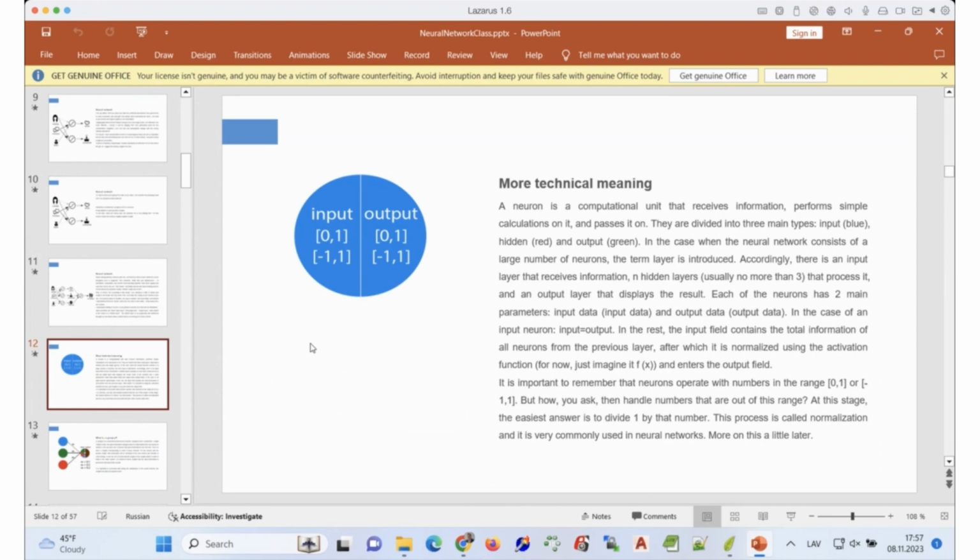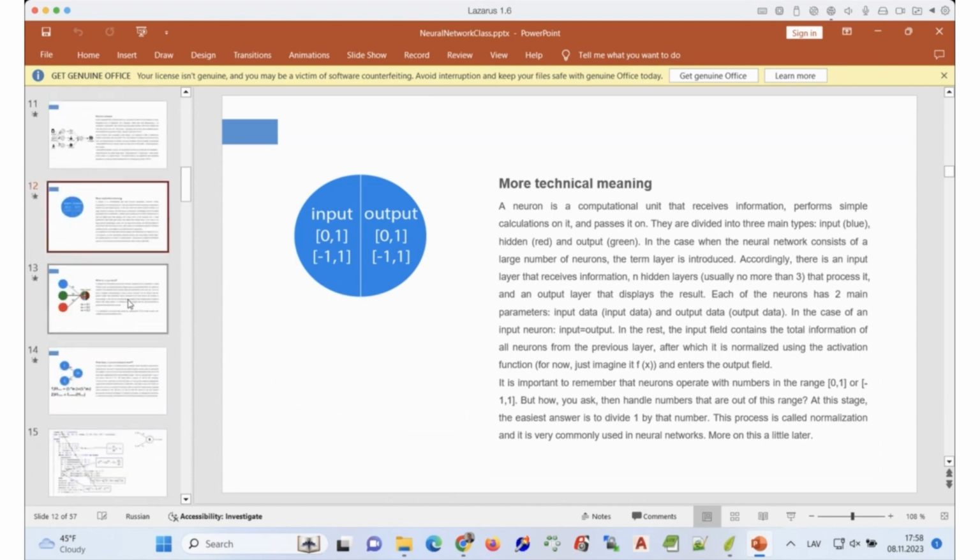But we know the ranges of the values which are going to be received as the argument of the function, and we know a priori the ranges of the values which are going to be results of the neuron. Does it make sense, guys? Yes or no? Yes? Mm-hmm. Okay.